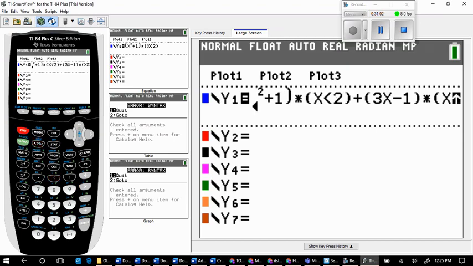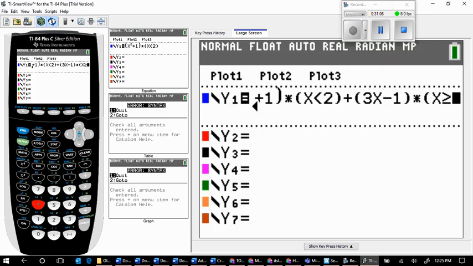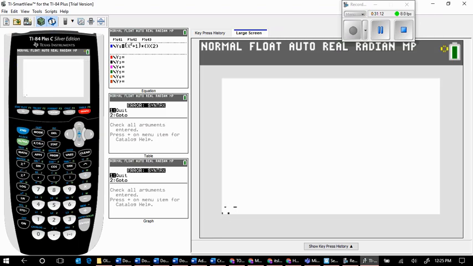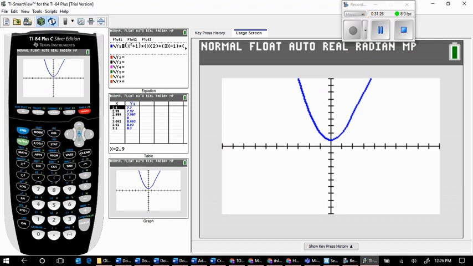So x, second test, greater than or equal to 2, close parentheses. And now when I graph it, I have the parabola part, and then it's hard to see, but notice that this right side is no longer symmetric to the left side because it's actually linear instead of following the parabola. And so that's how you can type in piecewise functions into your calculator.